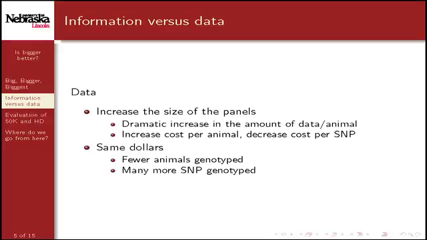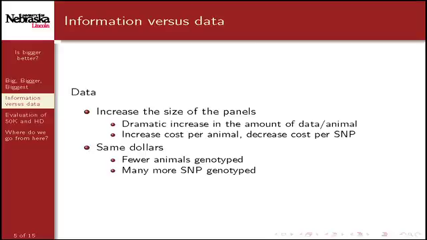If we use the 770, we genotype half as many animals, but we get roughly 7.5 times more SNPs genotyped. So it's a question of this trade-off.